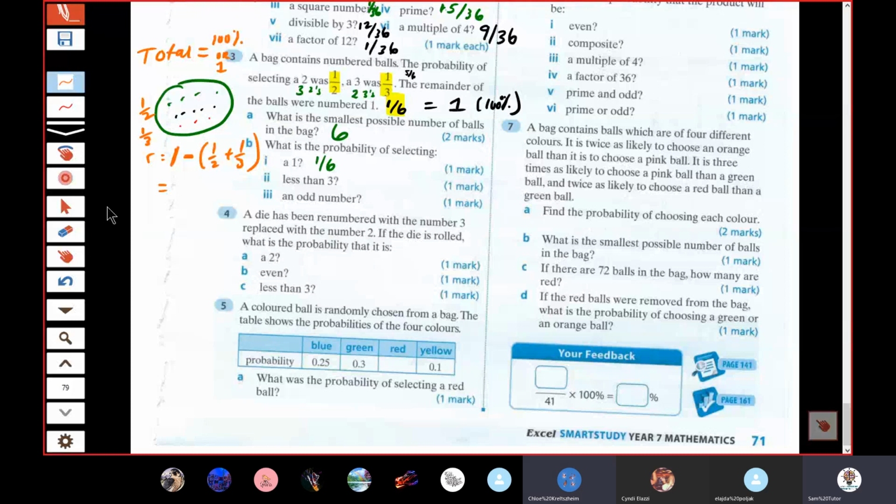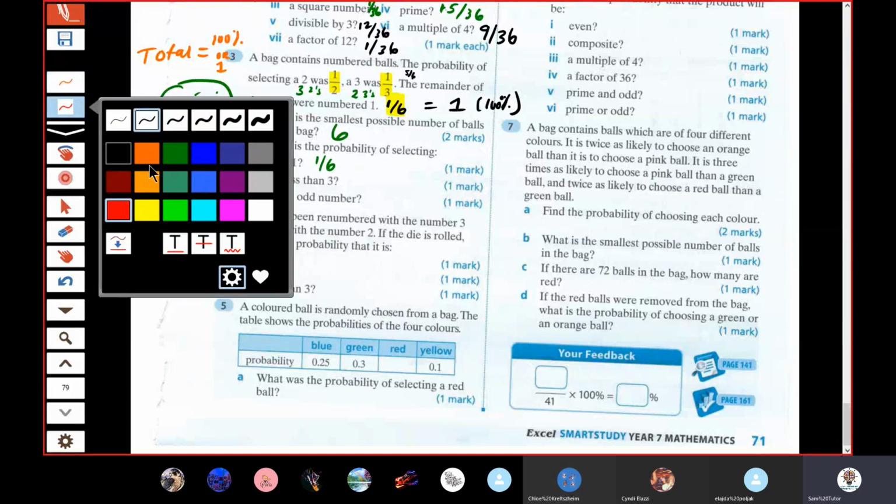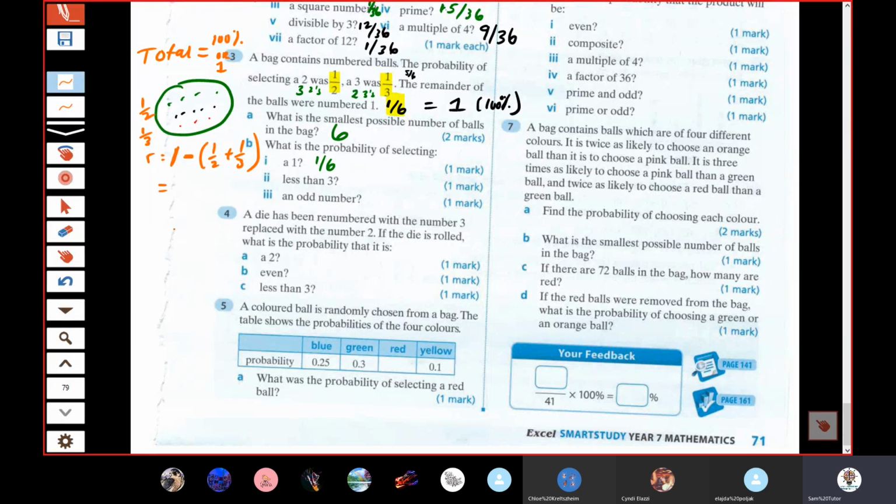Pretty sure. Again, I'll do it in an easier way now. Let's say I gave you this is a half. Let's say I gave you this was a third. How would you work out this remaining bit? Well, you guys know this whole thing adds up to one whole pizza or one whole pie or one whole whatever it is, right?